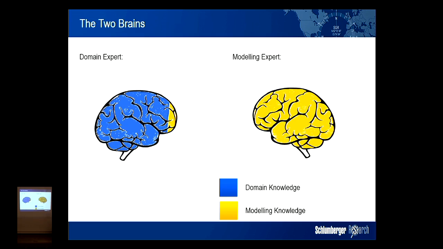One alternative way of seeing this is that you've got somebody who's a domain expert who wants their domain modeled, right? And they found out this little bit about planning modeling, okay? So they know a little bit about planning and lots about the domain. And there's a modeling expert who knows lots about modeling and nothing about the domain, okay?